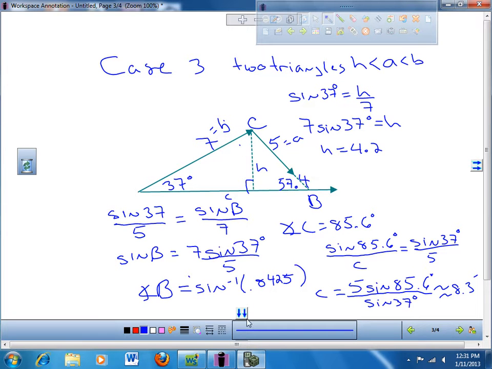So the other possibility is that this thing, instead of swinging this way, swings over this way. But in order to make law of sines true, the sine of this angle has to be the same as the sine of this angle.